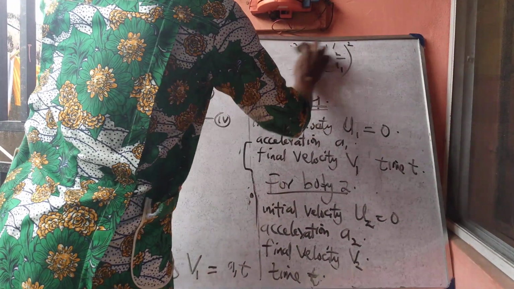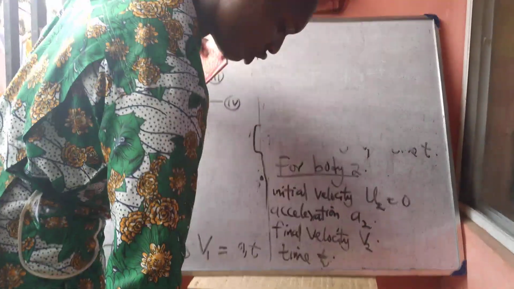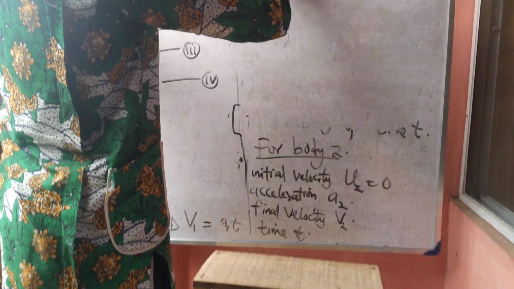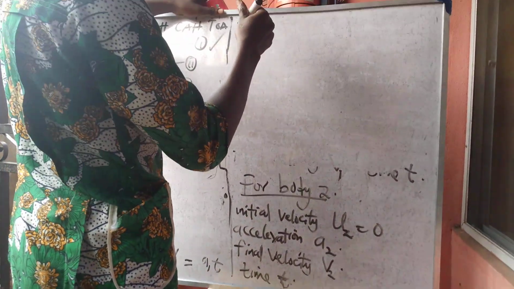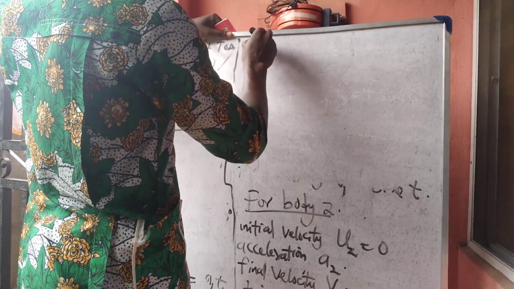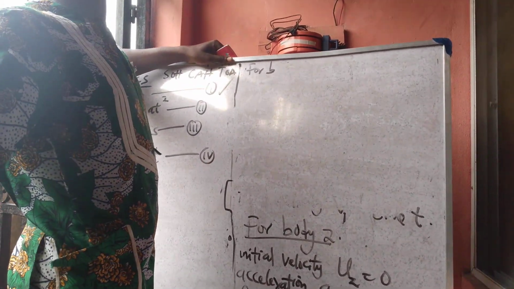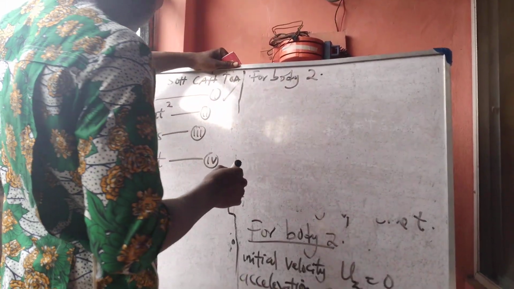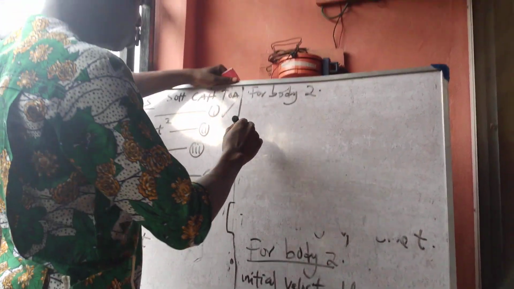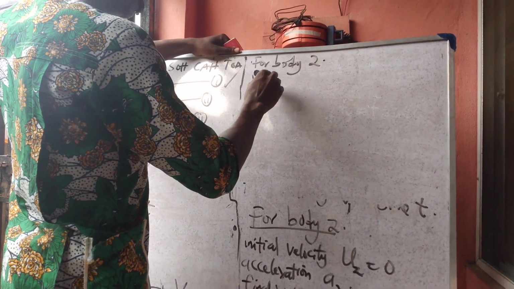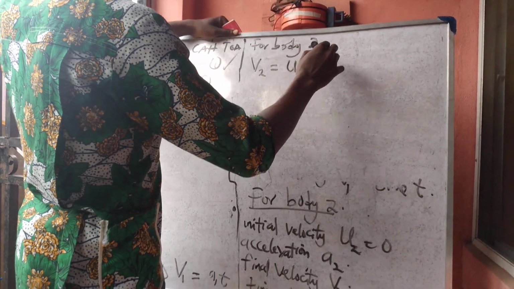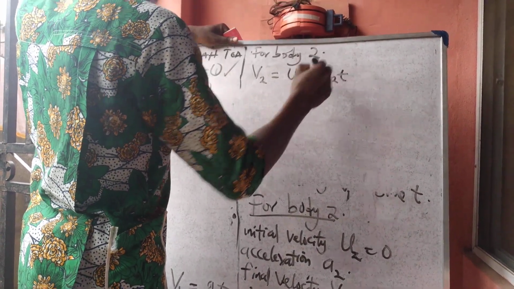For body 2, you have v2 equals u2 plus a2t.